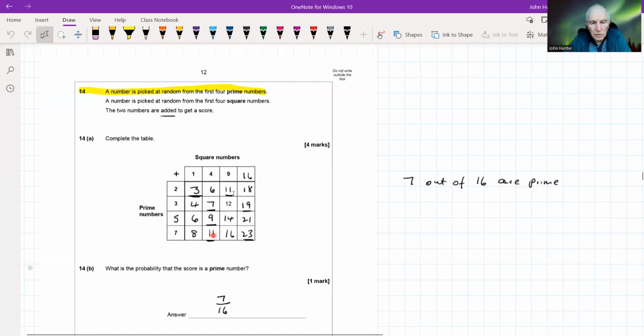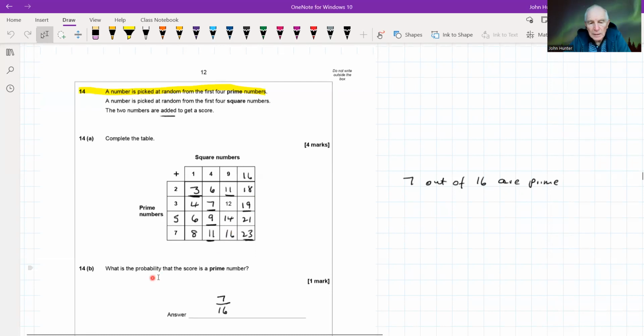Now 11 occurs twice, but we're still counting it twice because we can achieve it in different ways. So the point is that if we choose any one of these numbers at random, then we've got 7 prime numbers here in this table.